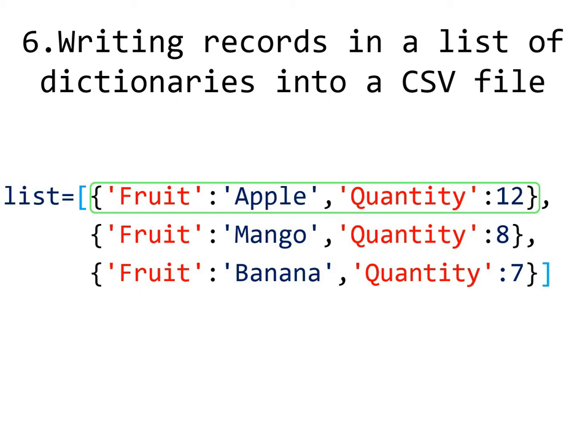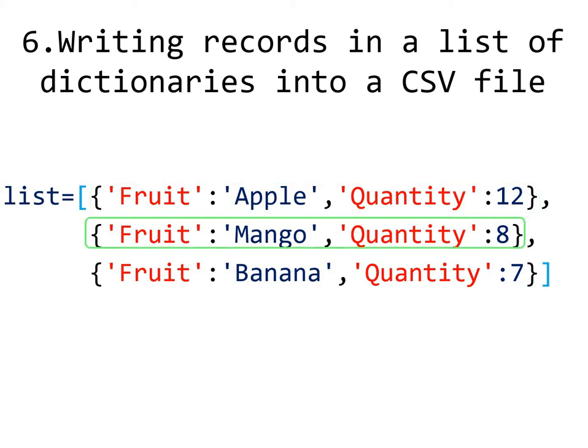Recall that a dictionary is made up of elements in the form of key colon value pairs. So, fruit is the key, and apple is its value. Similarly, quantity is the key, and 12 is its value.